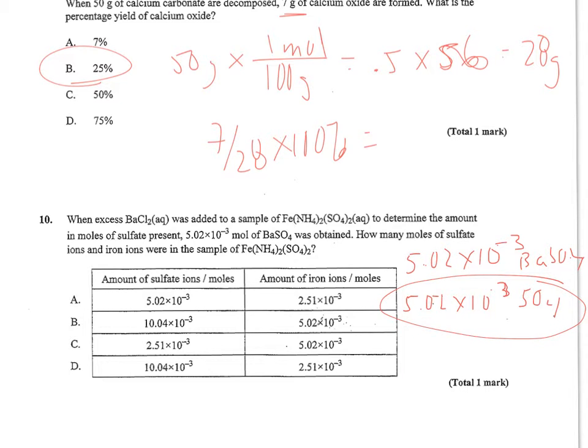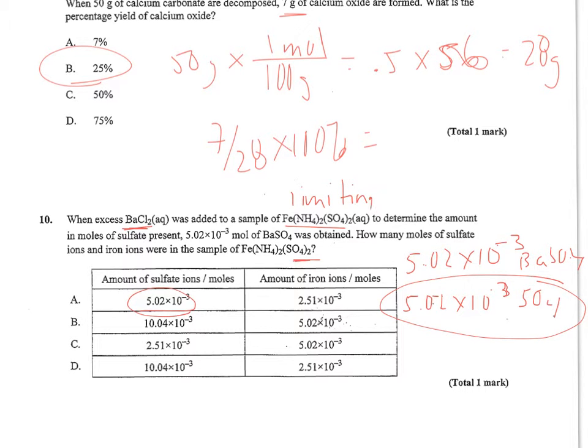It's 5.02 times 10 to the minus 3, which if you're confident on that, you're done, because there's only one answer where they say 5.02 times 10 to the minus third. Now what some people would like to do is cut that in half, because you see SO4 2 over here. But it says excess BaCl2, so this is my limiting reactant.